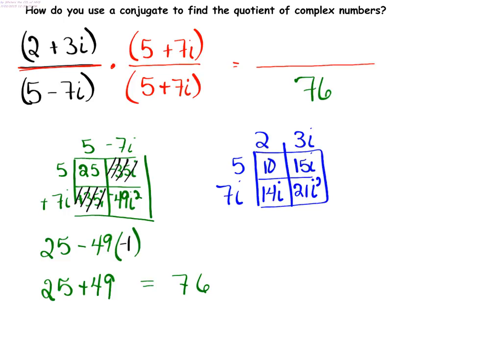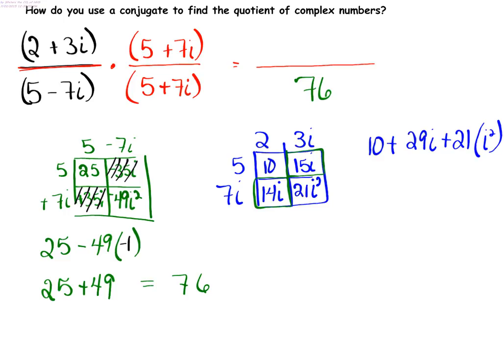21i squared. Now, I want to caution you here. When I collect like terms, these guys right here, they do not cancel themselves out. They're not the same thing with different signs. That's 14i plus 15i. So, I have 10 plus 29i plus 21i squared.